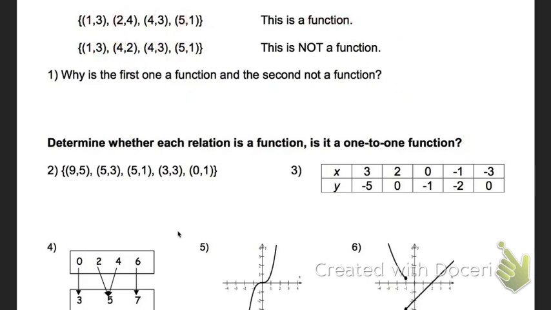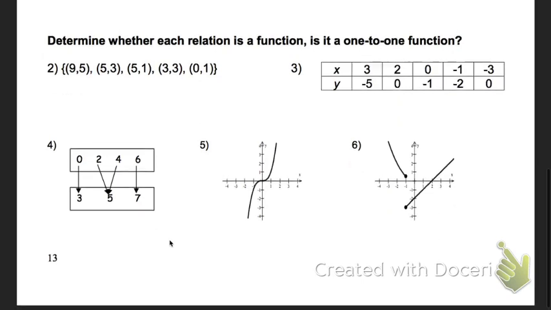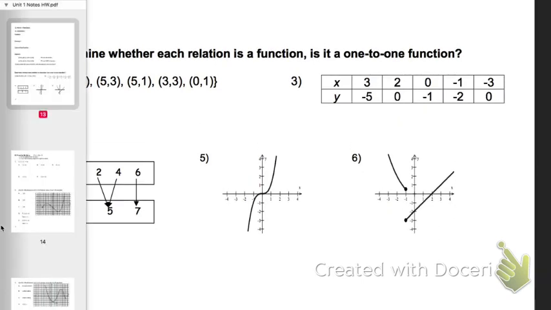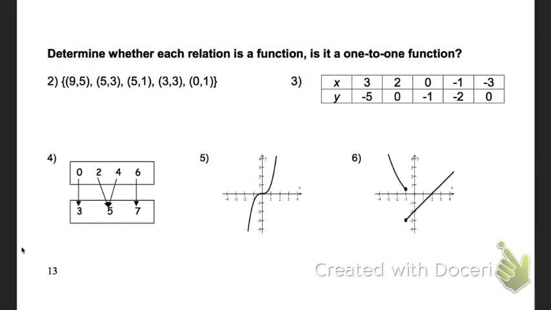So let's look at 2 through 6 and decide whether they are a function or not, and then also if they are one-to-one. Function means that no x's repeat, and one-to-one means no x's or y's repeat.